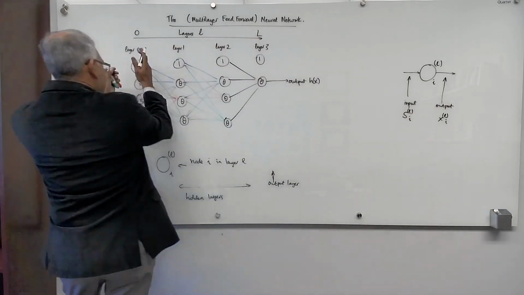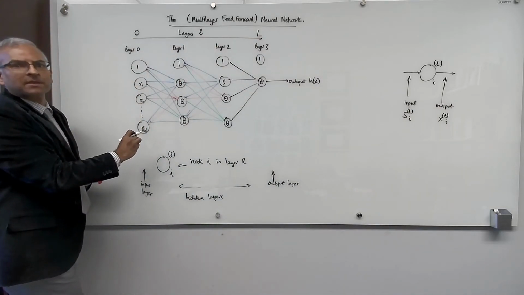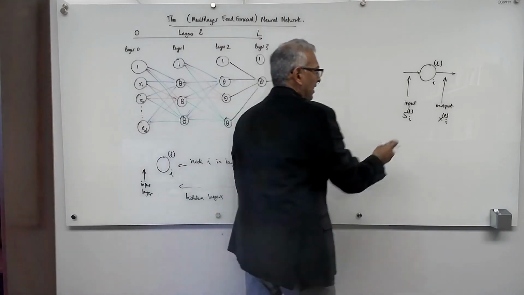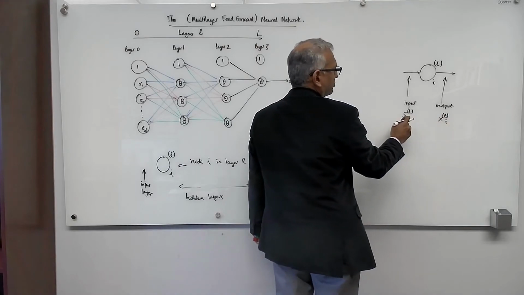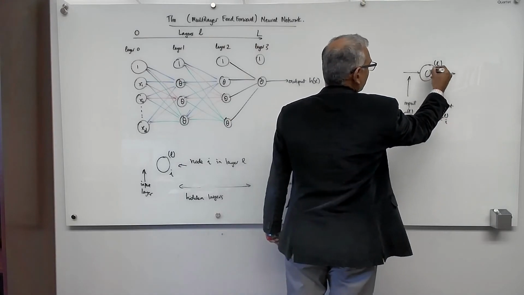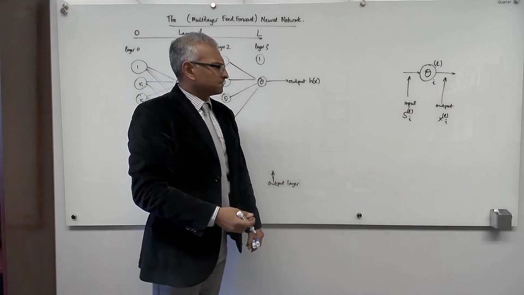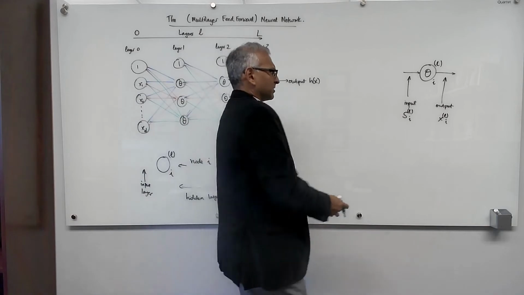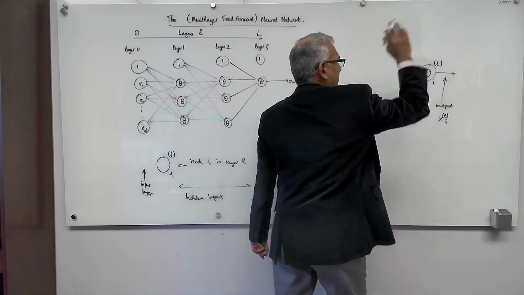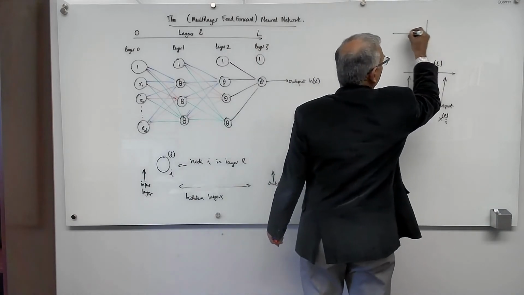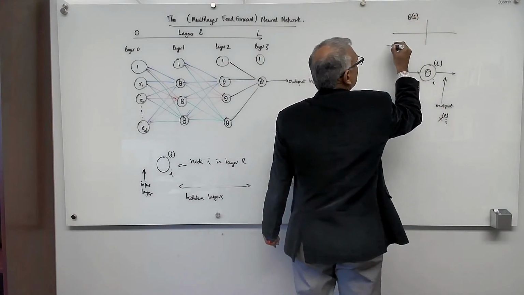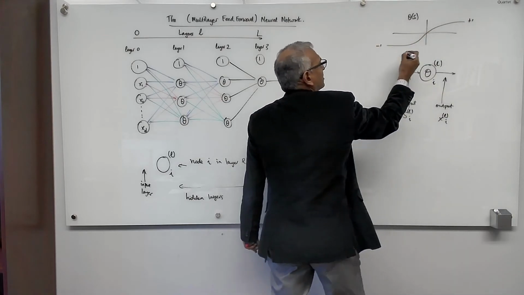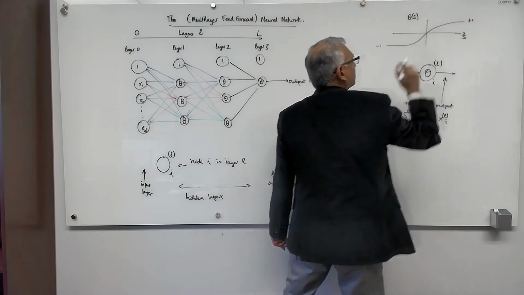So the output of layer 0 is X_0,I, which corresponds to the features for your input example. The output is related to the input by this transform theta. A popular choice for this transform nowadays, although there are competing choices, is a standard sigmoid. Theta of S approximates the sign function, going from -1 to +1.